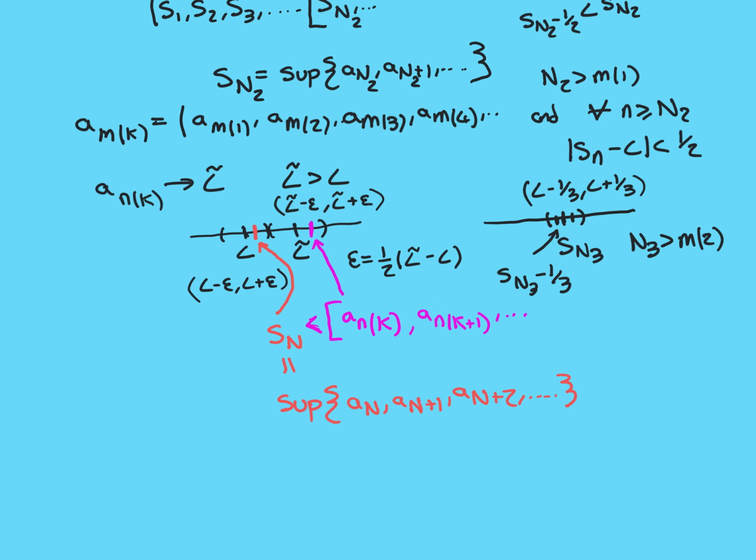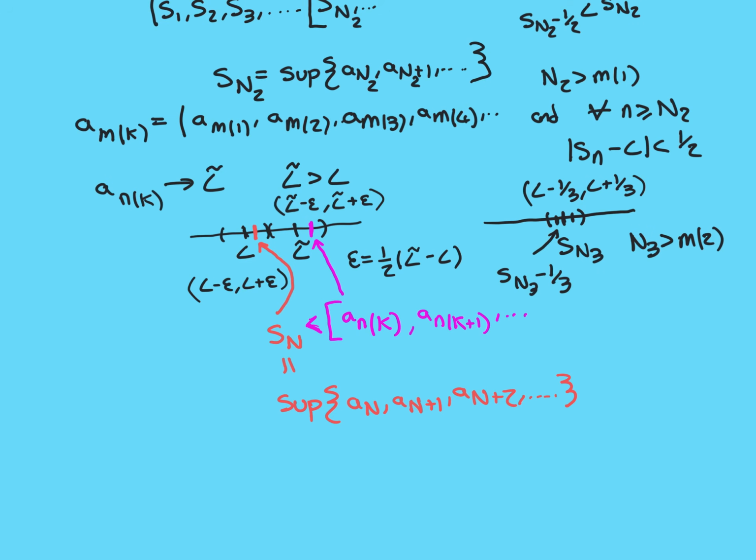They've been excluded. So this is an infinite tail here. So it must contain bits from this portion of the sequence, because the only bits prior to it that have been excluded are finitely many. You can't suddenly build an infinite tail of a subsequence out of the finitely many that have been excluded. So some of the things, indeed most of the things, a lot of the things in this tail end are going to be inside here.